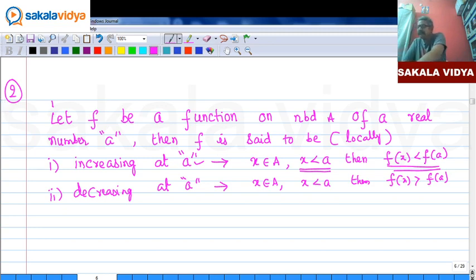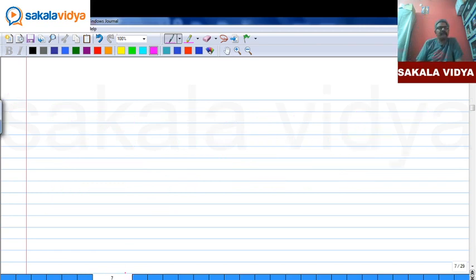Next, this is a very important point. Generally most of the problems are based on this; we have discussed the concepts. Now the third is very important.